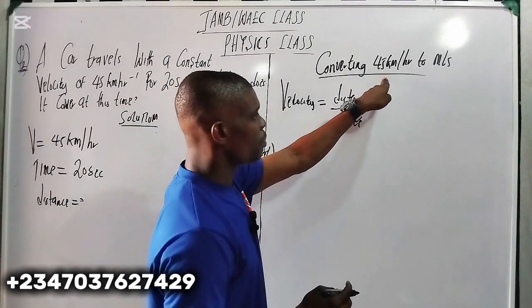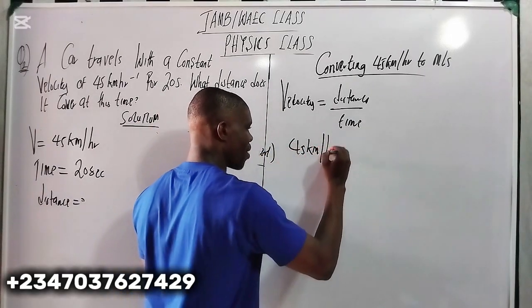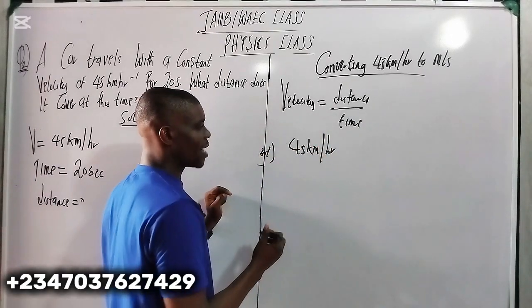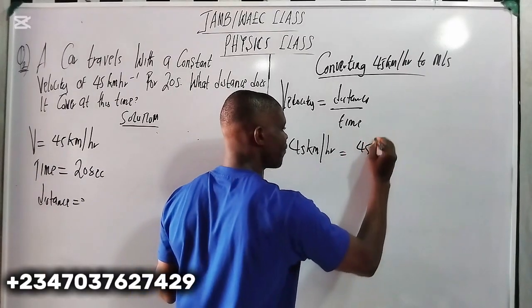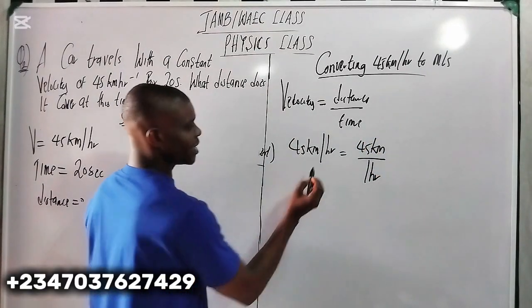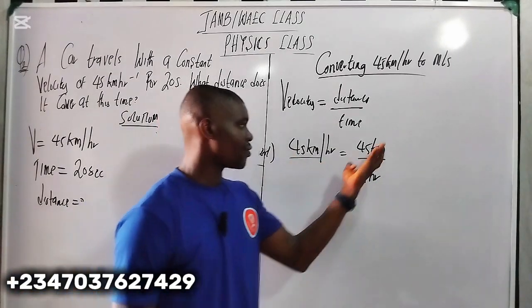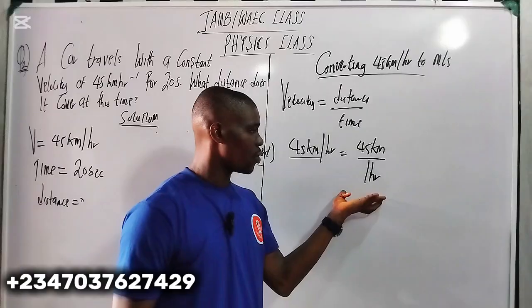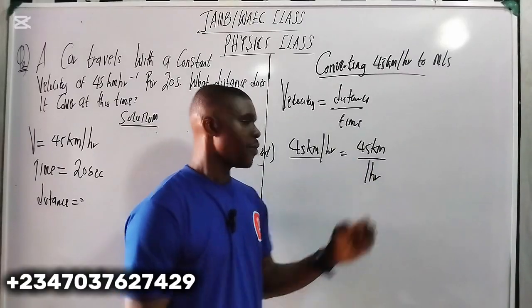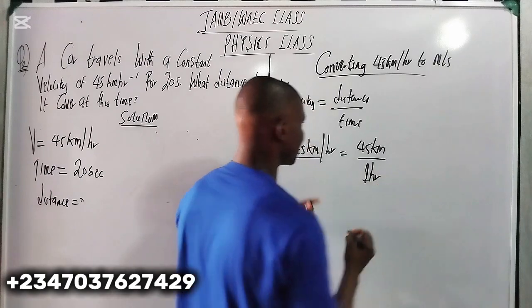So 45 kilometer per hour can also be written as 45 kilometer over 1 hour. These two are the same. It doesn't make sense to just say hour, so you say 1 hour.